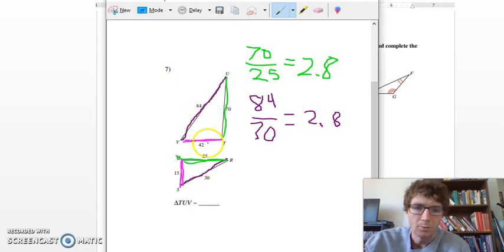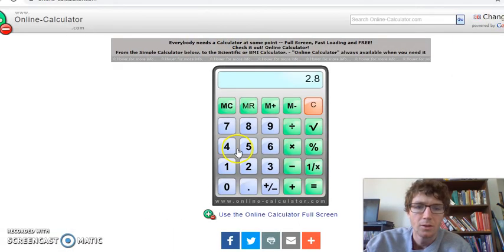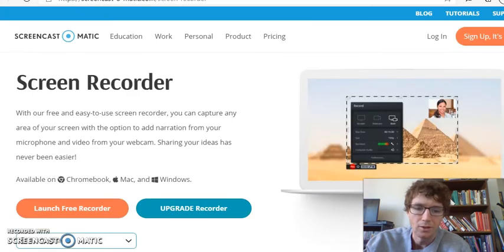This one we need to do 42 divided by 15. What does that give us? Okay, 2.8. So we do know that these triangles are similar.